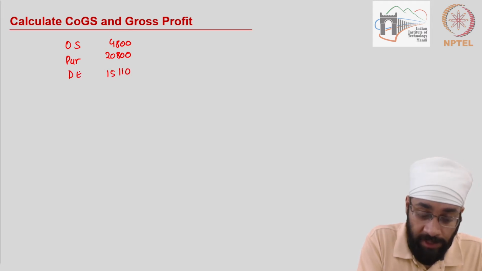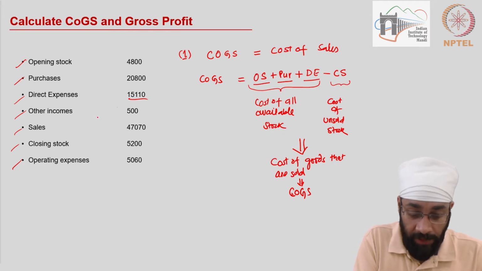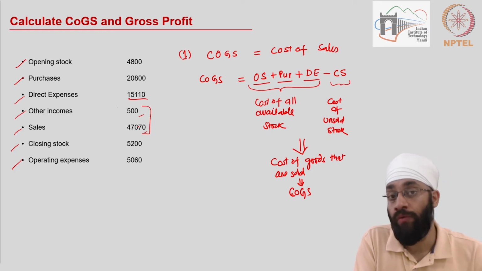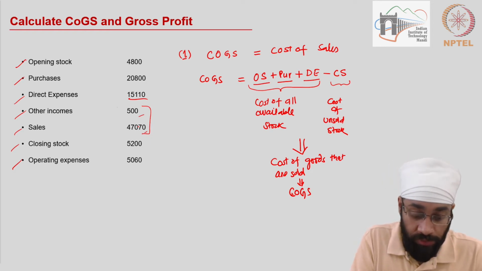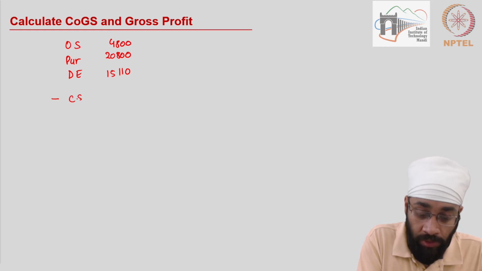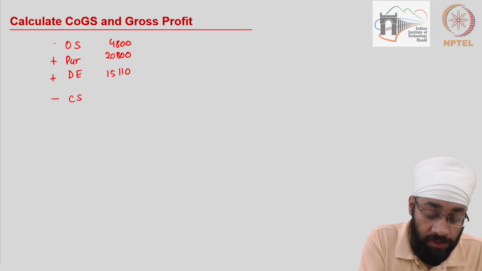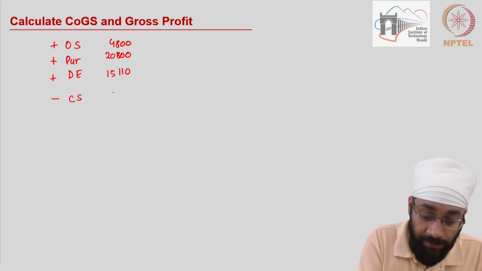This is direct expenses. Then you have other incomes, sales. None of this has anything to do with the calculation of cost of the goods sold, so ignore those. You have 5,200 closing stock. You have to certainly deduct the closing stock. You have to add all these things and deduct closing stock, 5,200.